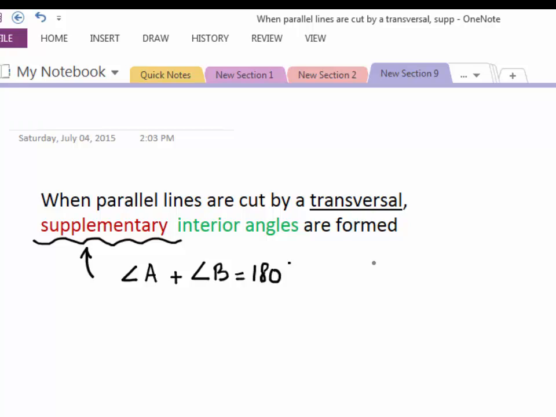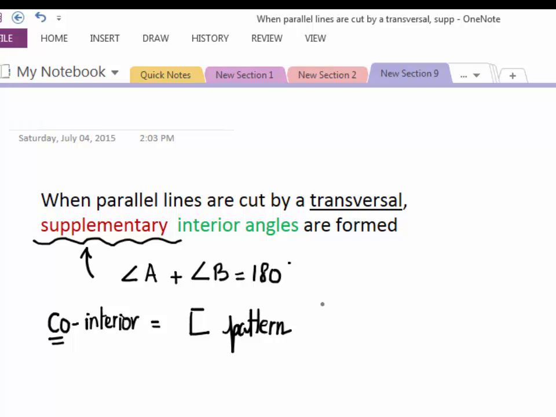Now, for the interior angles, some books call it co-interior to make it easier for the student. And now you're going to tell me why it's easier. Because the word co starts with C, that's why it has a C pattern.